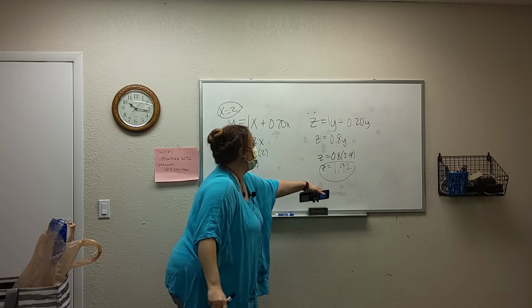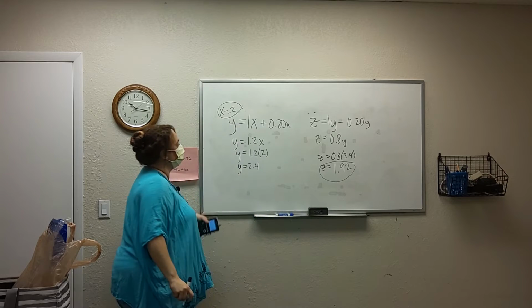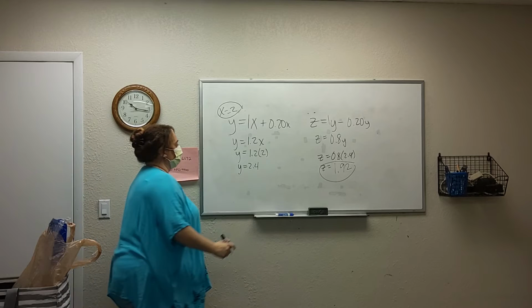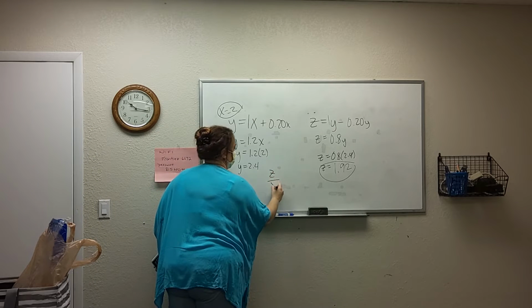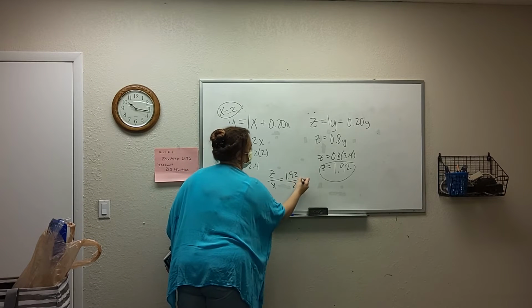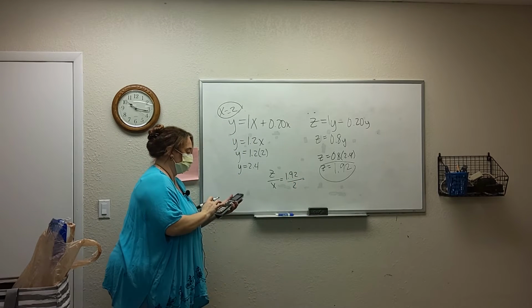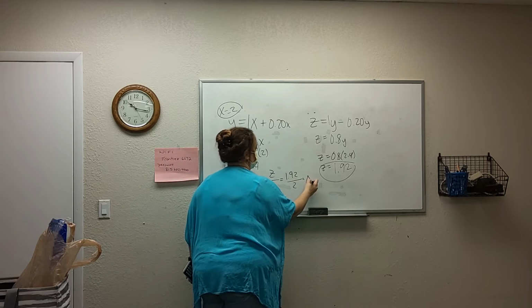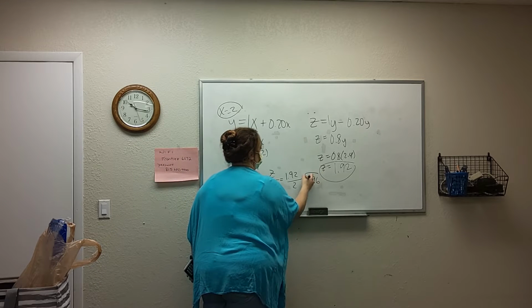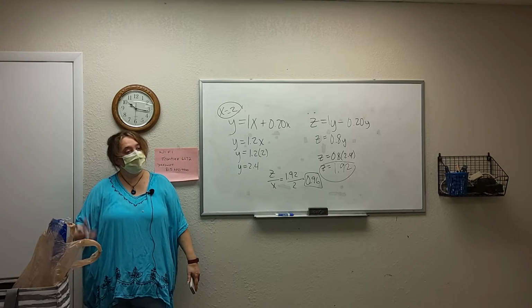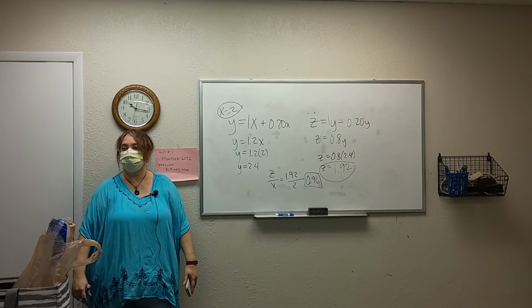They want to know how many times z is of x, so I'm going to take z and divide it by x. So z over x is 1.92 over 2, and that's 0.96. And that's how you would have to grid it in. As a fraction, that's 24 over 25. You'd be a box short.